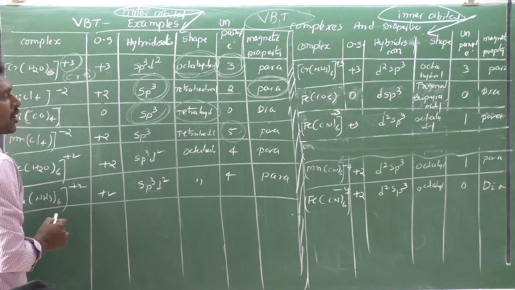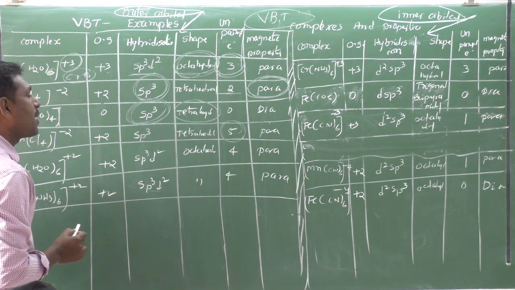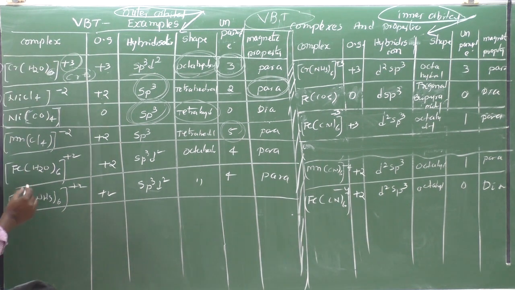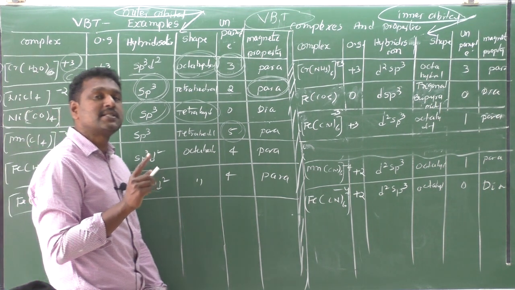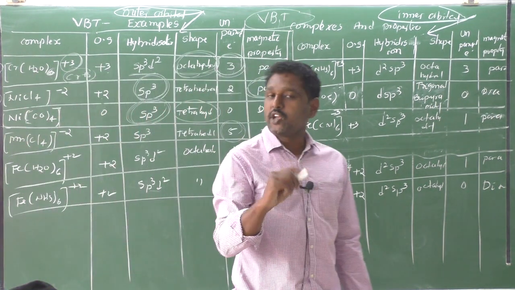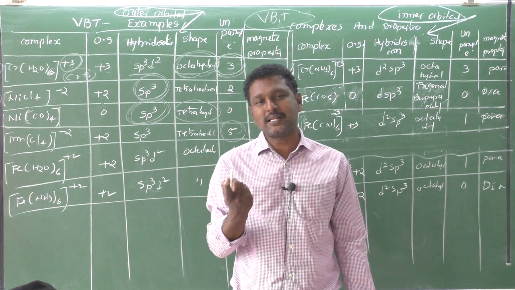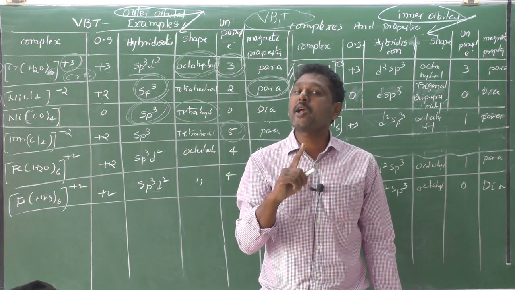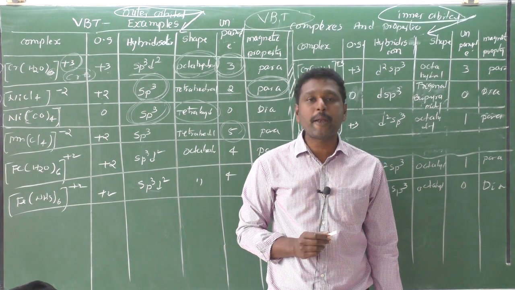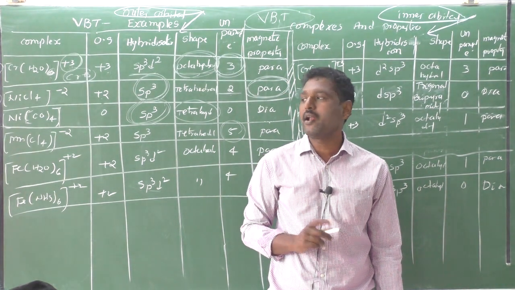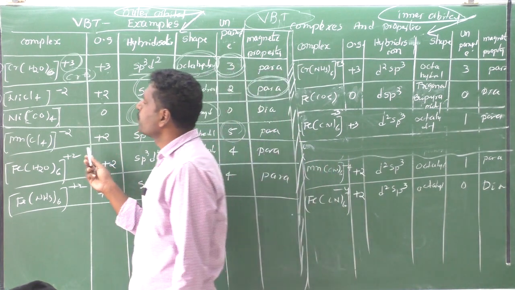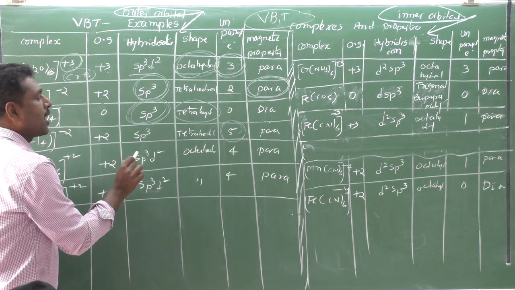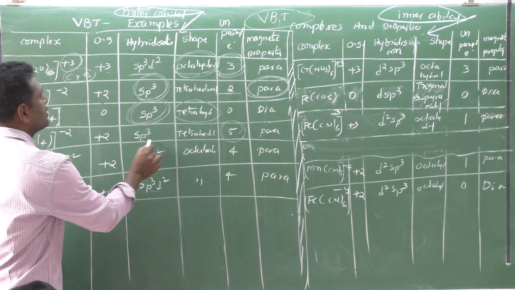The electronic configuration of manganese is 3d5 4s2. If you remove 2 electrons, the s electrons are removed, therefore Mn2+ has 5 unpaired electrons. Therefore it exhibits paramagnetic nature.